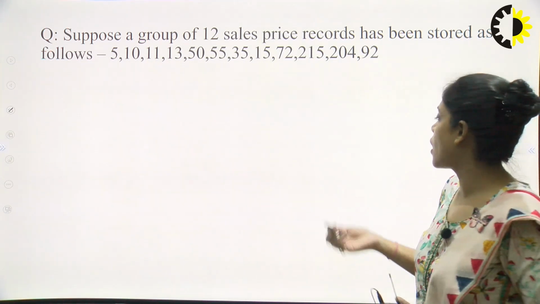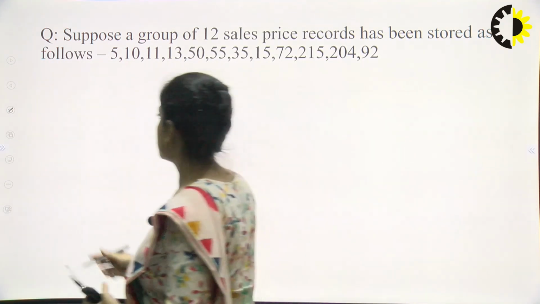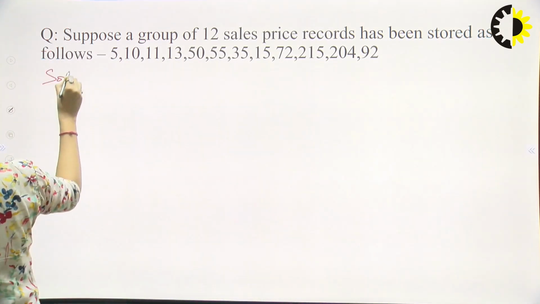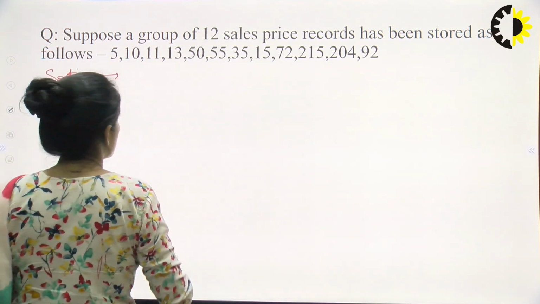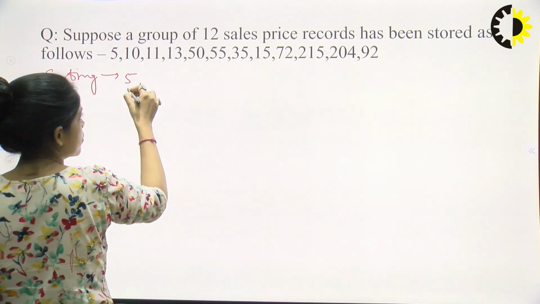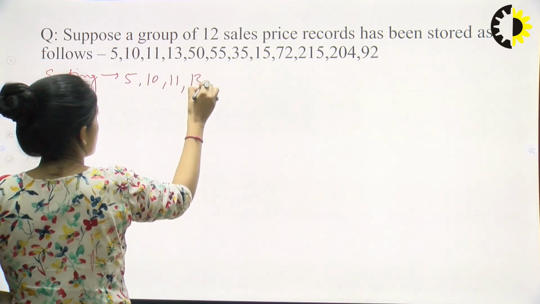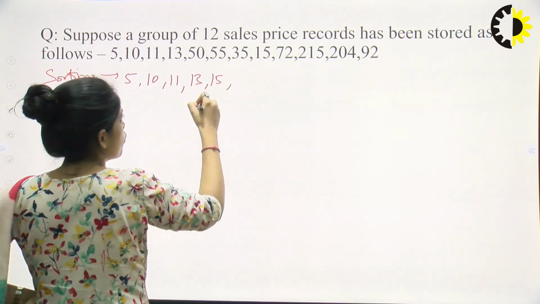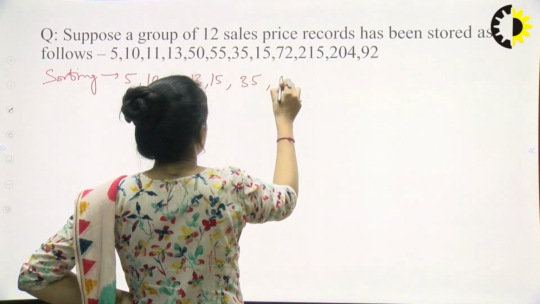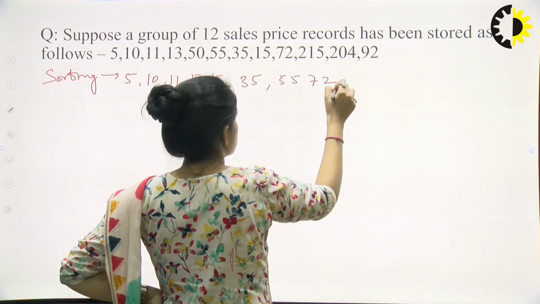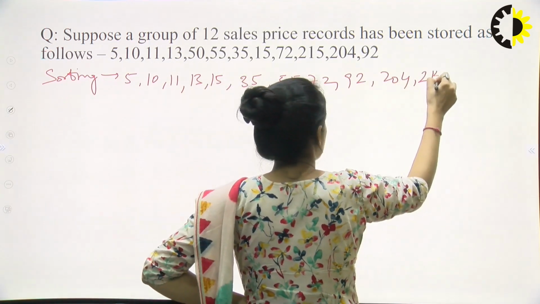So let us say the first step will be sorting. In the sorting, we have 5, 10, 11, 13, 15, 35, 55, 72, 92, 204 and 215.